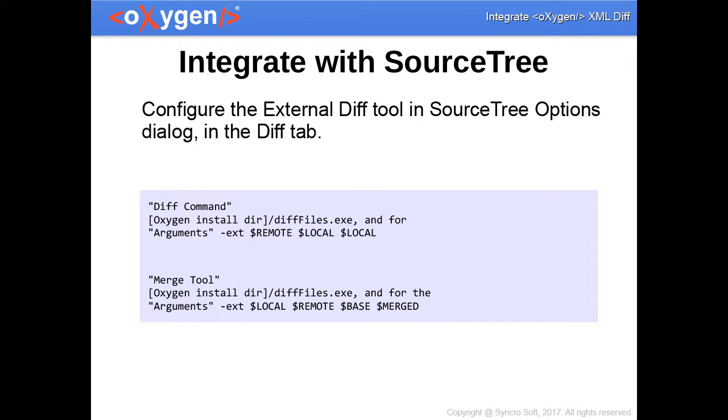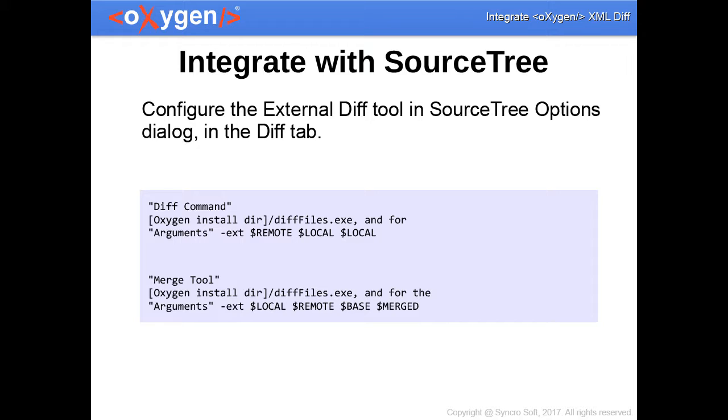So Git gives you macros, for example, this macro, when the diff tool is called, will be expanded to the current working file, and the local will be expanded to the local working copy or local branch file.